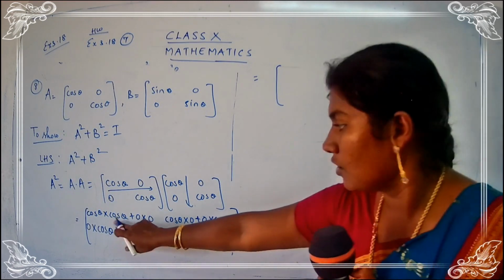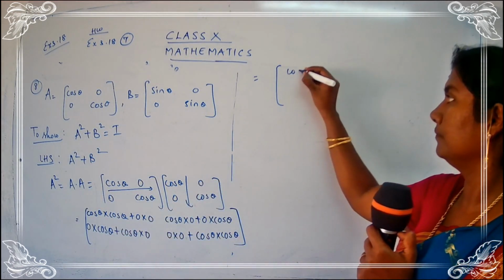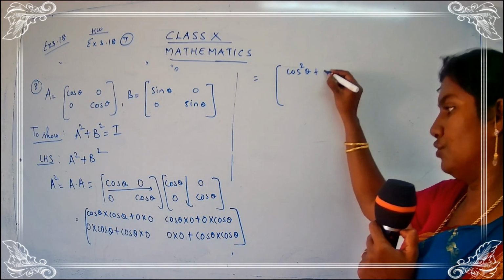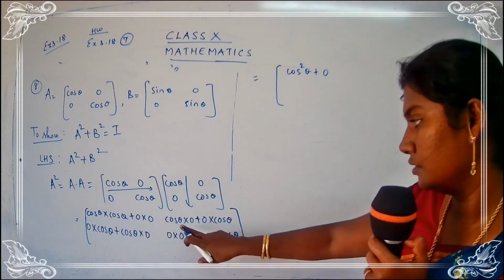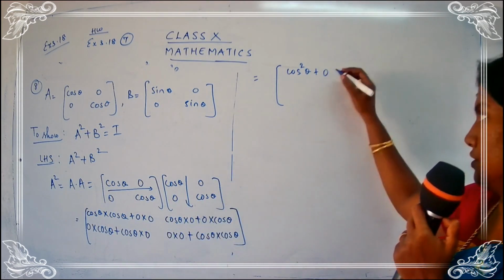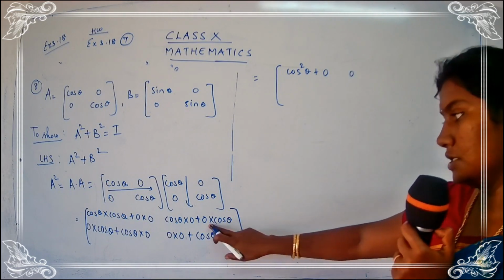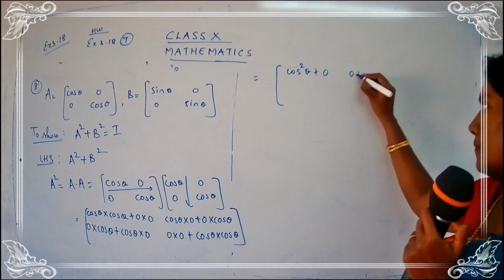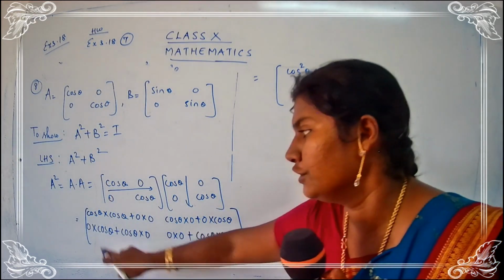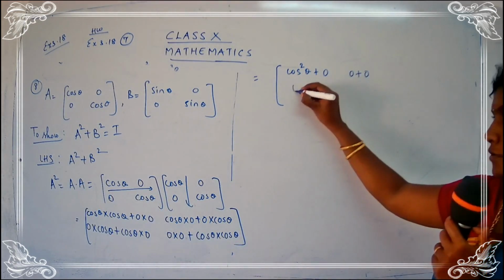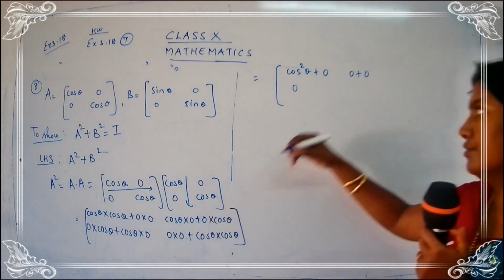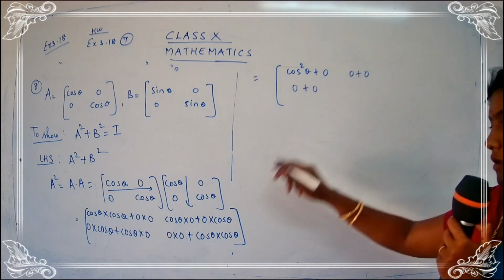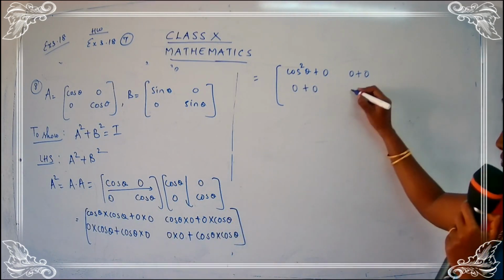So this is cos square theta plus 0. 0 into 0, 0. Cos theta into 0, 0. 0 into cos theta, 0. 0 into cos theta, 0. Cos theta into 0, 0. 0 into 0, 0.